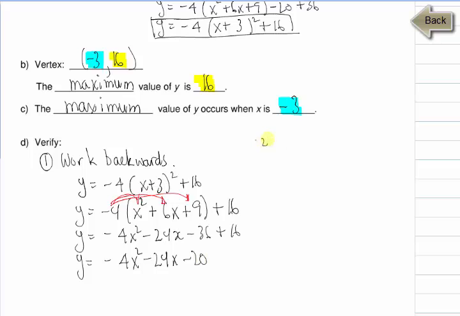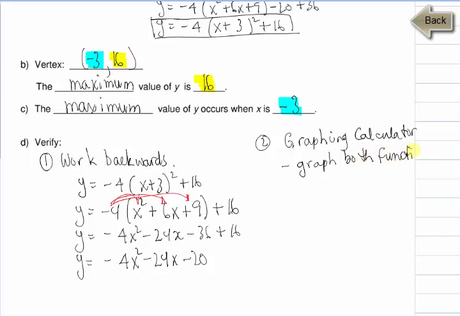The second way you can verify is by using your graphing calculator. Okay, what you want to do is graph both functions. You want to use identical window settings.